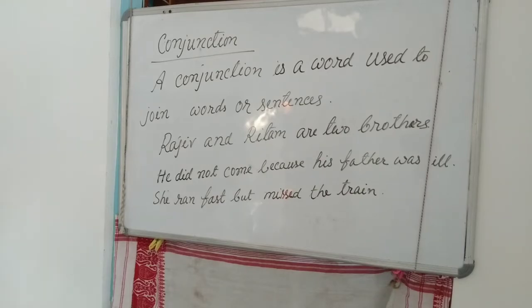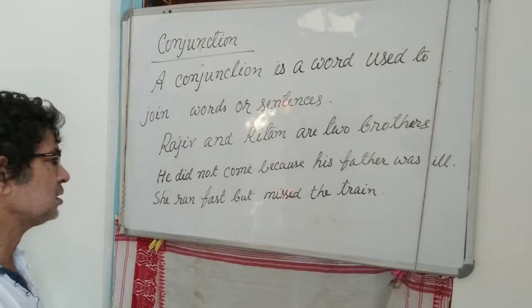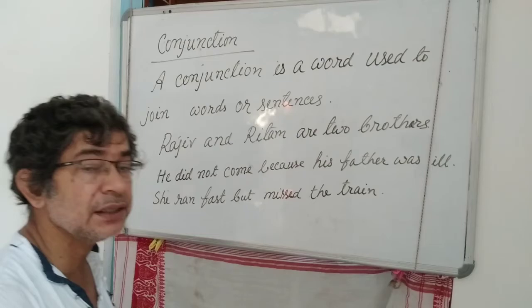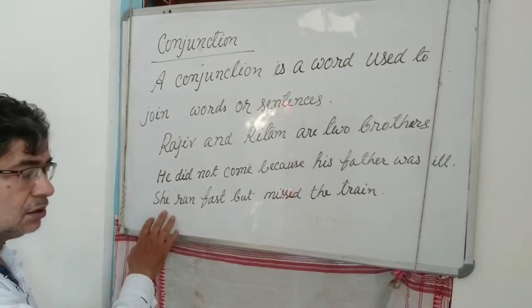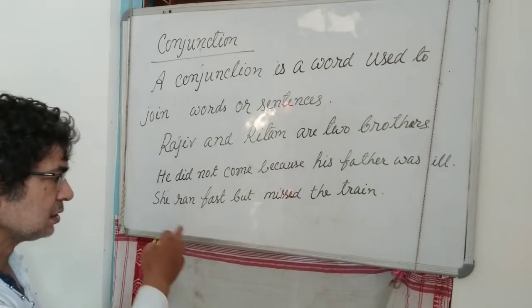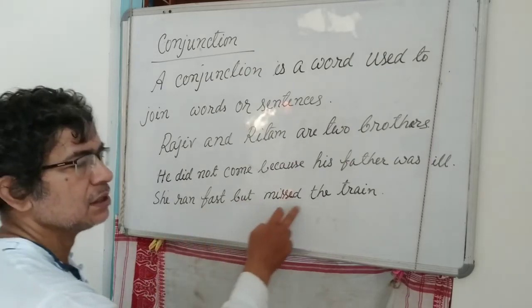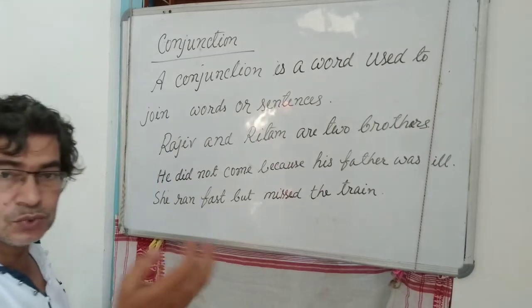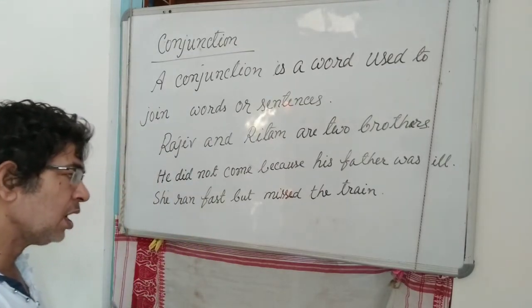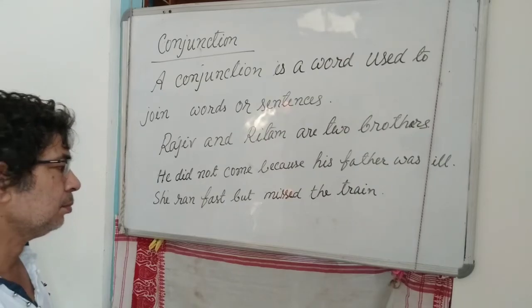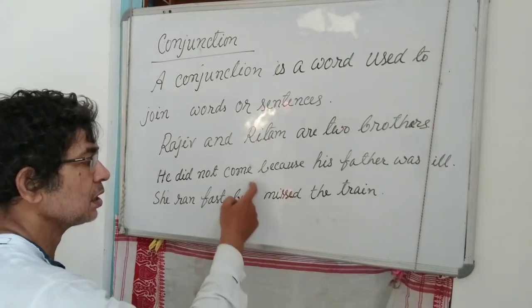Similarly, the third one: she ran fast but missed the train. Again, we can express the idea by writing two separate sentences: she ran fast, she missed the train. But we have joined the two sentences and made one sentence by using the conjunction but.